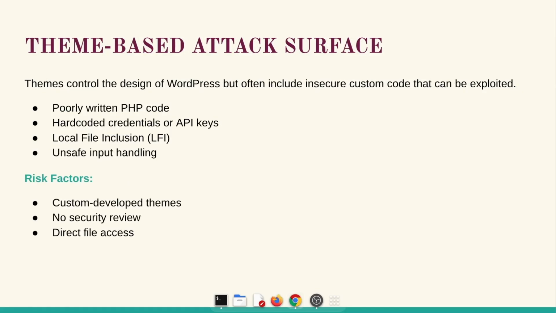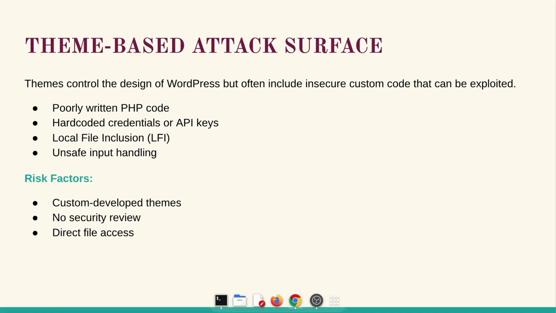Next, the theme-based attack surface. A WordPress theme is not just a UI; it is PHP files, logic, templates, and functions. If a developer writes insecure PHP inside themes, it becomes a direct attack surface. Why are themes dangerous?